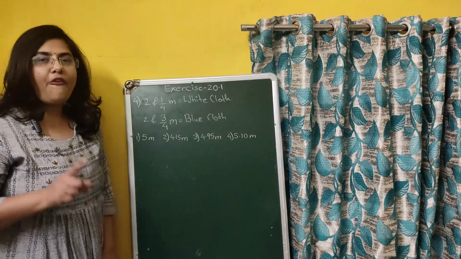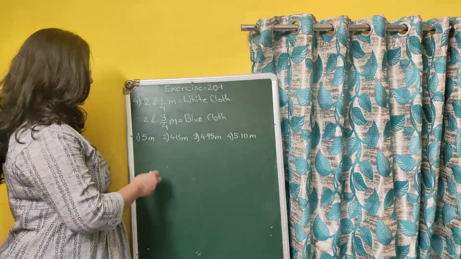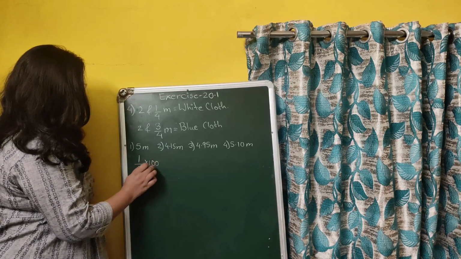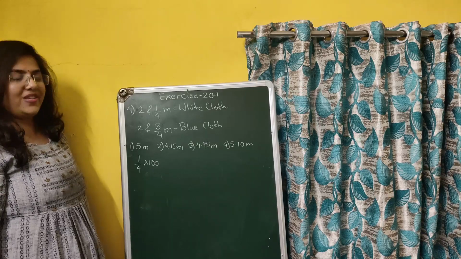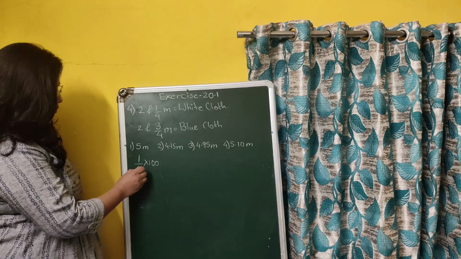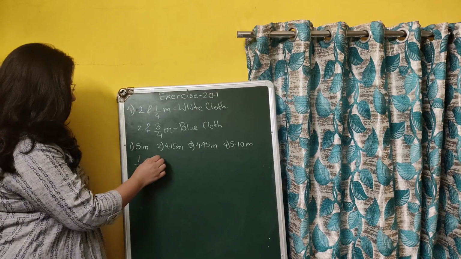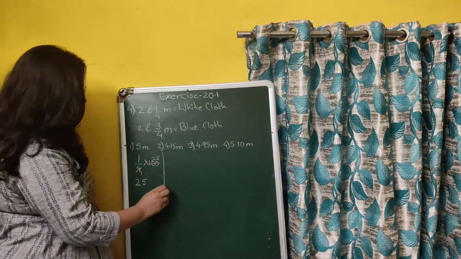Now 1 meter is equal to 100 centimeters. So how are we going to convert it? 1/4 into 100. Why 100? Because 1 meter is equal to 100 centimeters. So 4 ones are 4 and 4 25s are 100. So the answer is 25.